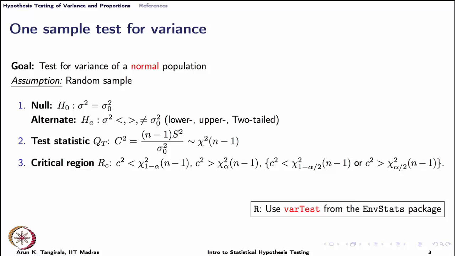And then the critical region is, as usual, the three possibilities depending on the three corresponding alternative hypotheses that we have, and once again we have alpha determining the critical value, where alpha is nothing but your type 1 error.